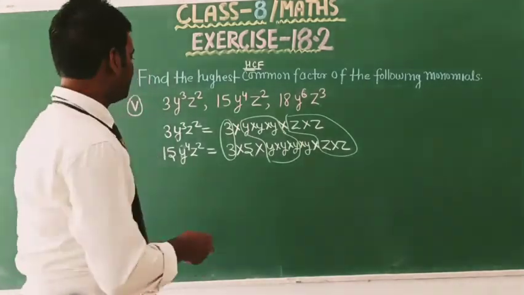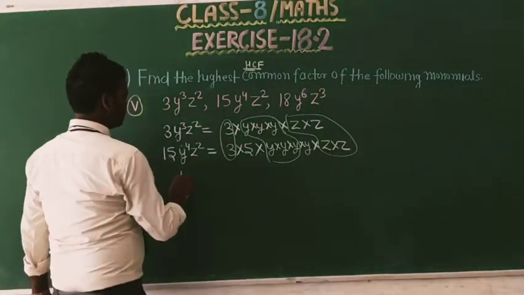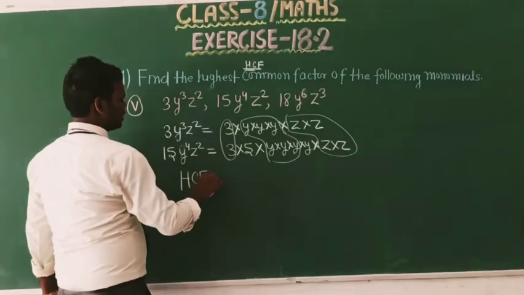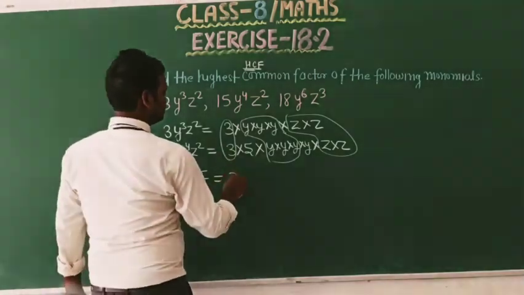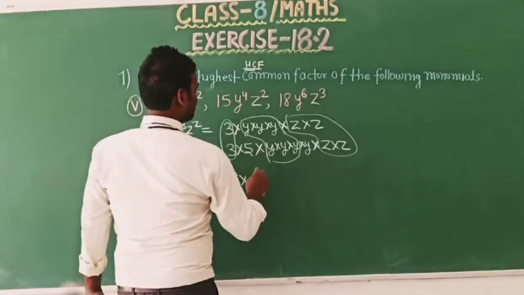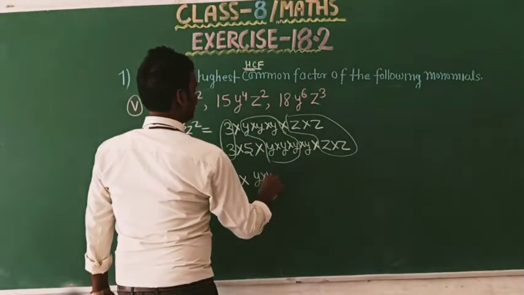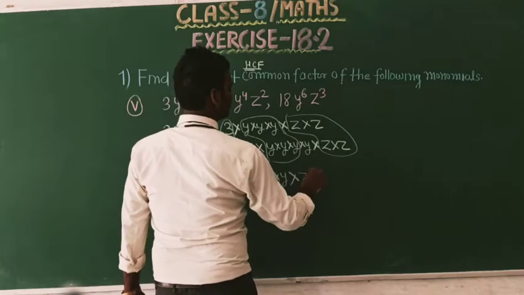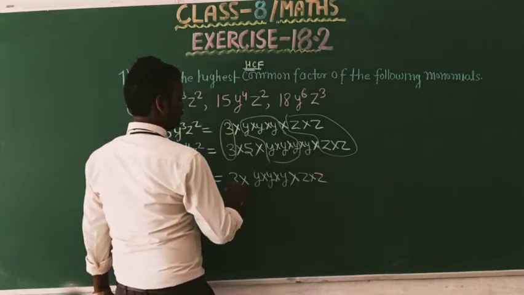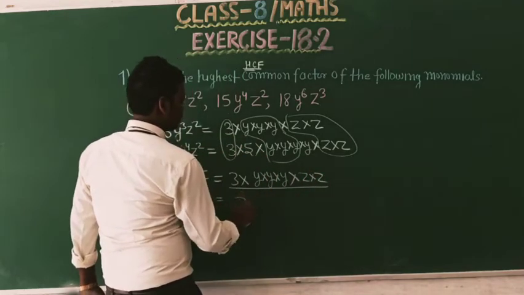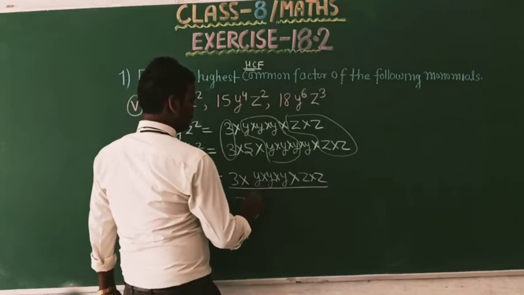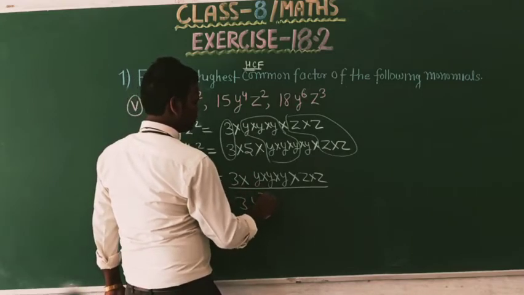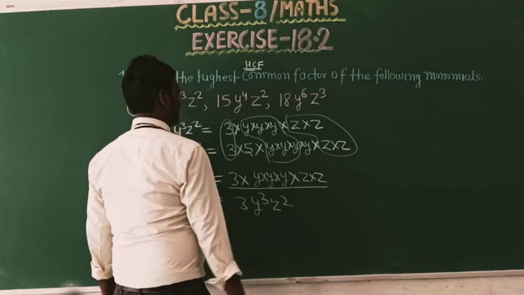So the highest common factor is 3 into 3y, the product of 3y and the product of 2z. Now combining these factors, we find this is y power 3 z square.